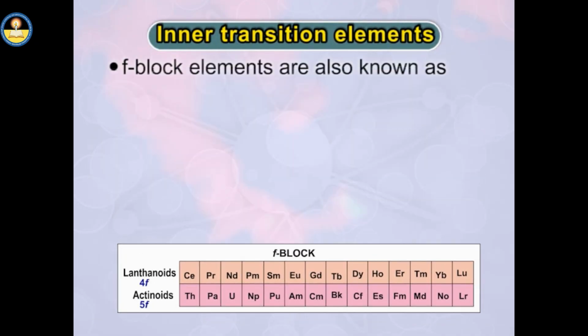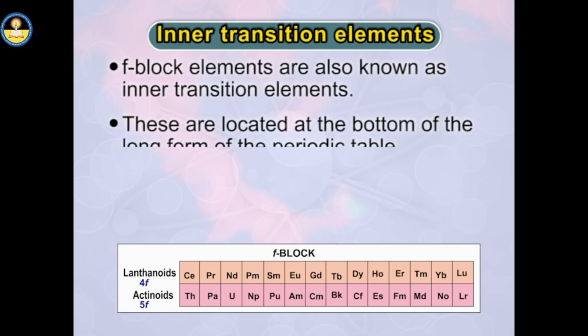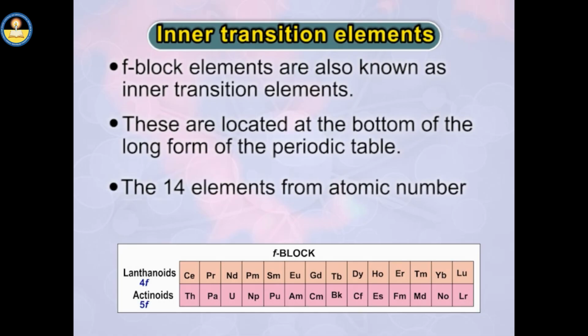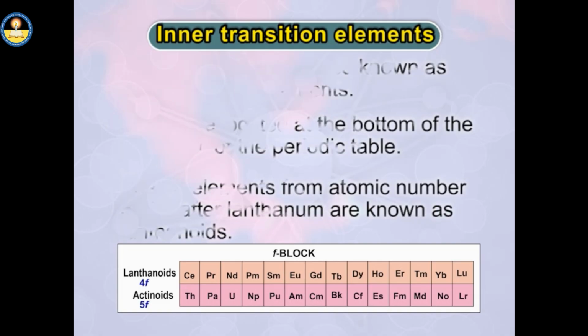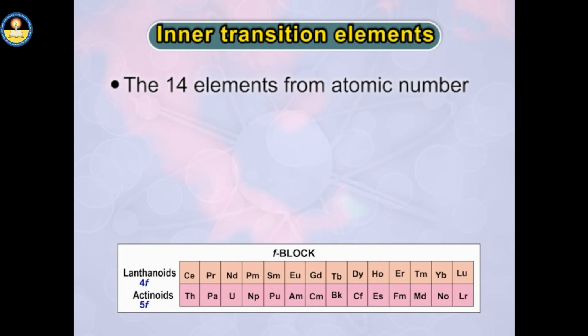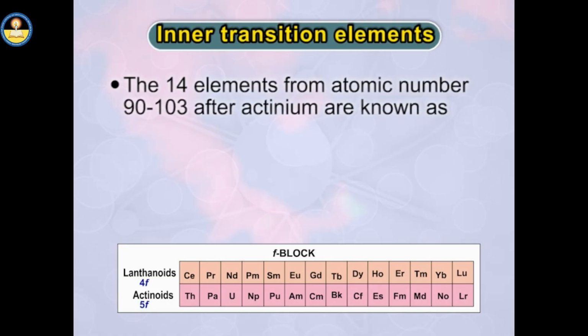F-block elements are also known as inner transition elements. These are located at the bottom of the long form of the periodic table. The 14 elements from atomic number 58 to 71 after lanthanum are known as lanthanoids. The 14 elements from atomic number 90 to 103 after actinium are known as actinoids.